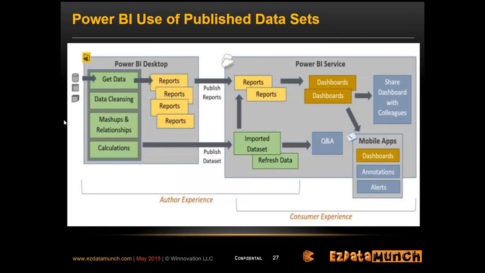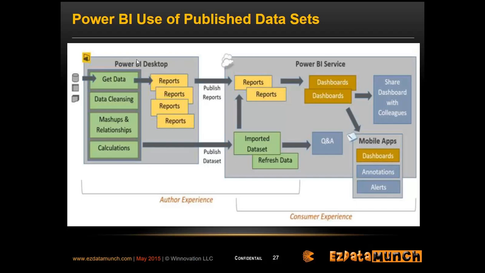How do you use published data sets? What Power BI basically does is it connects to the data source, so it gets the data from various data sources. If you're building a live query, then it doesn't really bring the data within Power BI. It basically builds a query. It gets the data, allows you to cleanse and mash up, do calculations on top of that, and then build reports. All of this on the left-hand side is what we call a content pack.